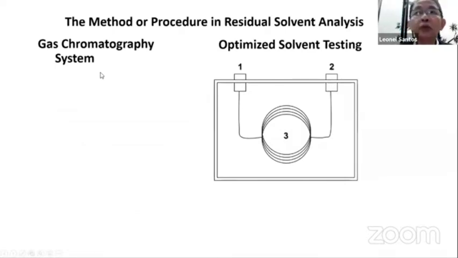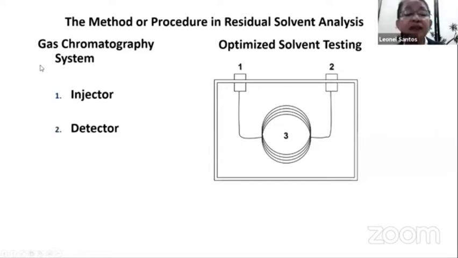I just wanted to go briefly in terms of how you analyze residual solvents, and the major instrumentation for residual solvents would be the gas chromatography, and to consider the three main components of the GC, which is the injector, detector, and the column.